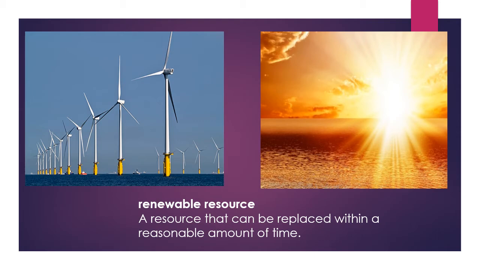The first one is about wind. The second one is about sunlight. Every day you have wind. Every day you see sunlight. You cannot finish using them. That's why we call them renewable resources. A resource that can be replaced within a reasonable amount of time.